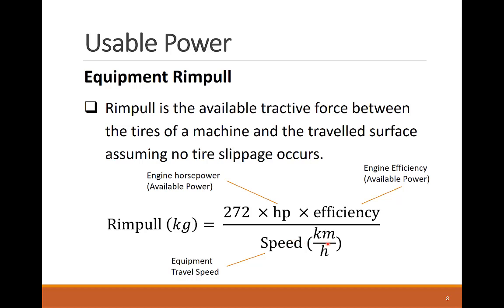It's clear that greater rimpull can be achieved by an equipment with higher horsepower and efficiency. It's interesting to note here the inverse relationship between the rimpull or power and speed for the same engine output and efficiency. To achieve higher rimpull, the equipment will have to drive at lower speed.